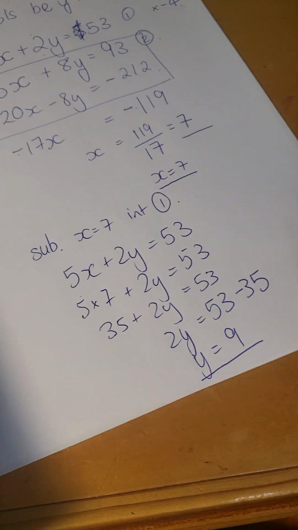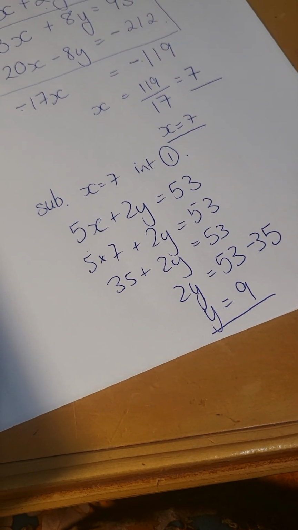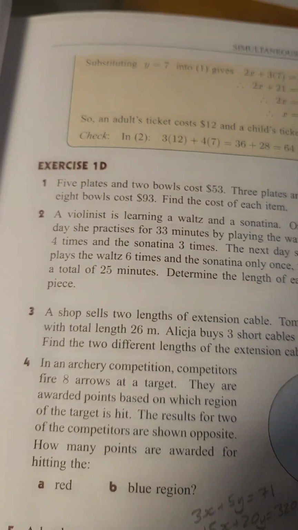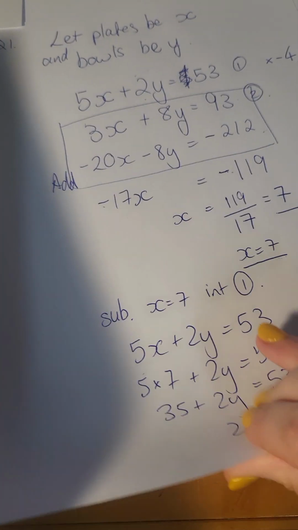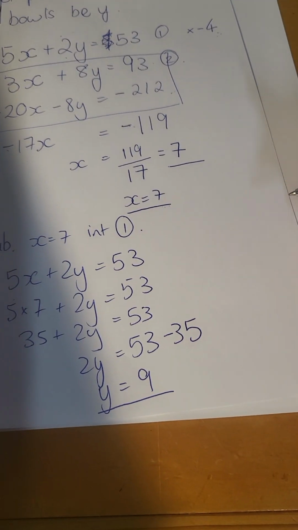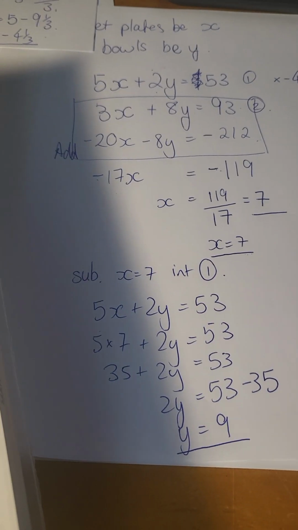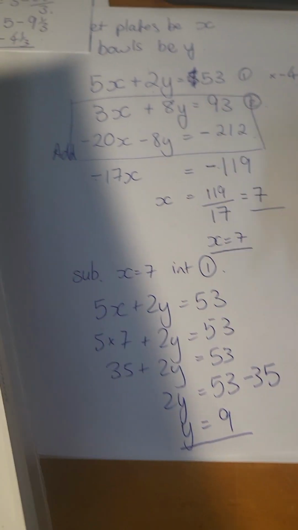Okay, oops, I wasn't filming the right spot. Okay, that is how we solve that first question there. How many plates and bowls? But we have to actually probably frame it in the right possible way. I haven't quite finished this problem because it says find the cost of each item. And I've just got some algebra here.